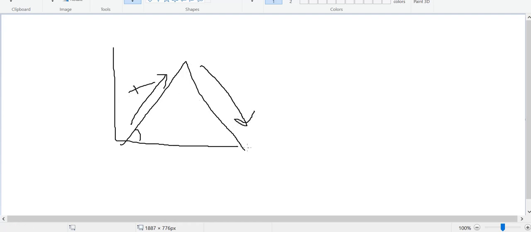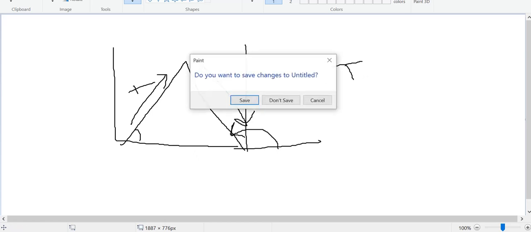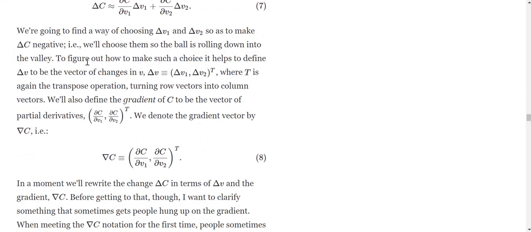While you're going down, the slope is negative because the angle is measured from here and is greater than 90 degrees, and the tangent of something greater than 90 degrees and less than 180 degrees is negative. Okay.